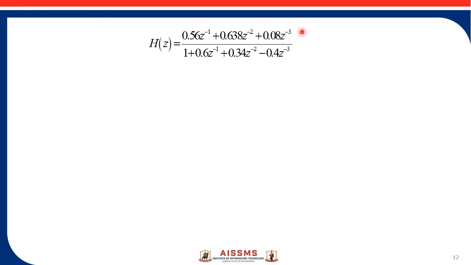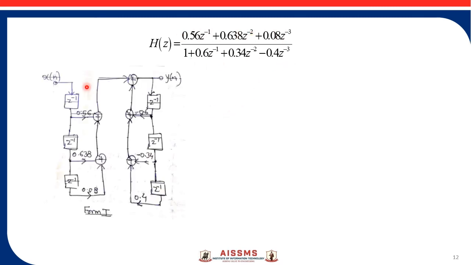Now once again I have written the system function, and we are going to draw the direct form 1 structure first. In direct form 1 we must realize first the zeros and then the poles. x of n is the input. How many delay elements are required? 1, 2, 3. So x of n, after passing through the first delay component, gives x of n minus 1. At the next point it will be x of n minus 2, and here it will be x of n minus 3.